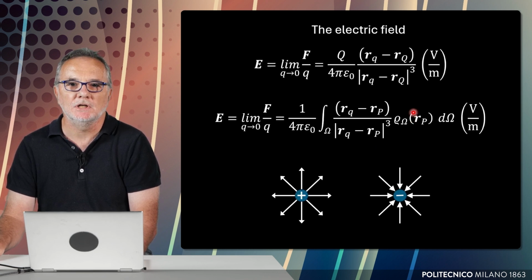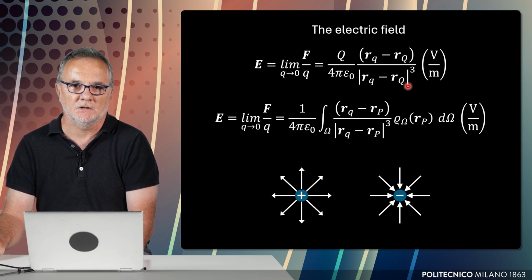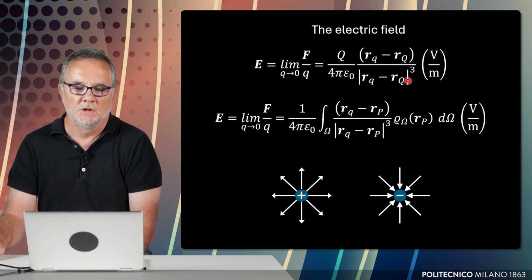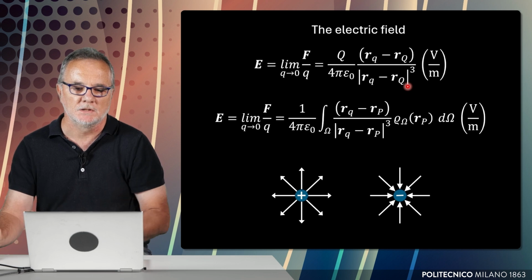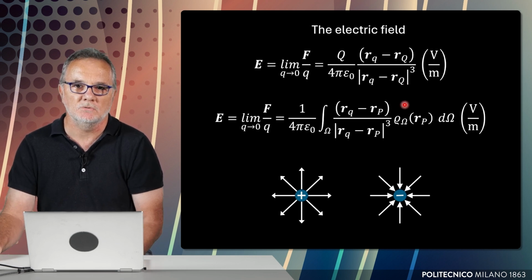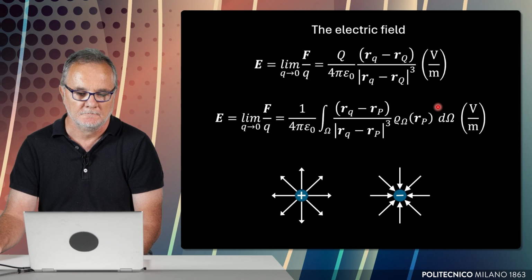We can now introduce the electric field, which can be seen as a limit with small q of the force exerted on a probe charge lower q due to the source charge divided by the value of the probe charge itself. This electric field can be seen, therefore, as a vector field that permeates the whole space, but is only visible once you insert in the space a charge, because in that case the charge senses the presence of a force.